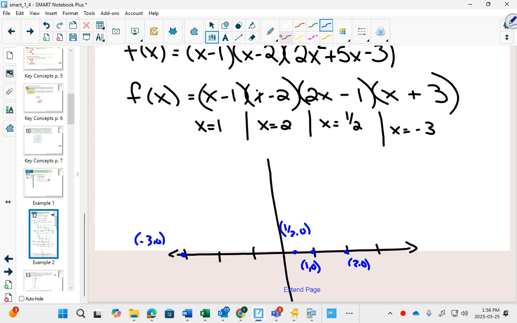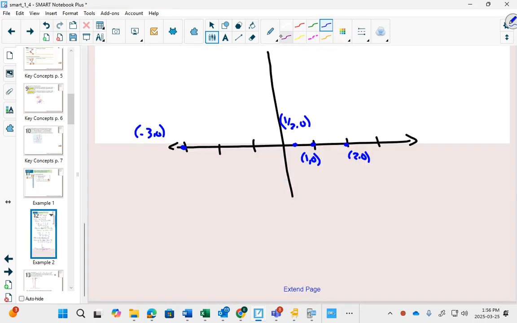My y-intercept from before, was it negative 6? What does my end behavior look like? This one is acting like a parabola opening up. So we know that it goes here. Draw as smooth a curve as you can through all the points.